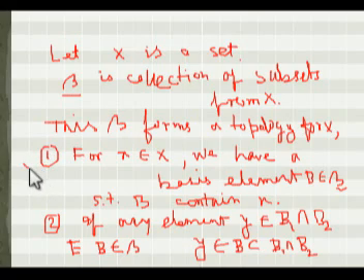So if these two axioms are satisfied, with this definition I am defining, these two conditions are required. Beta forms a topology by definition.